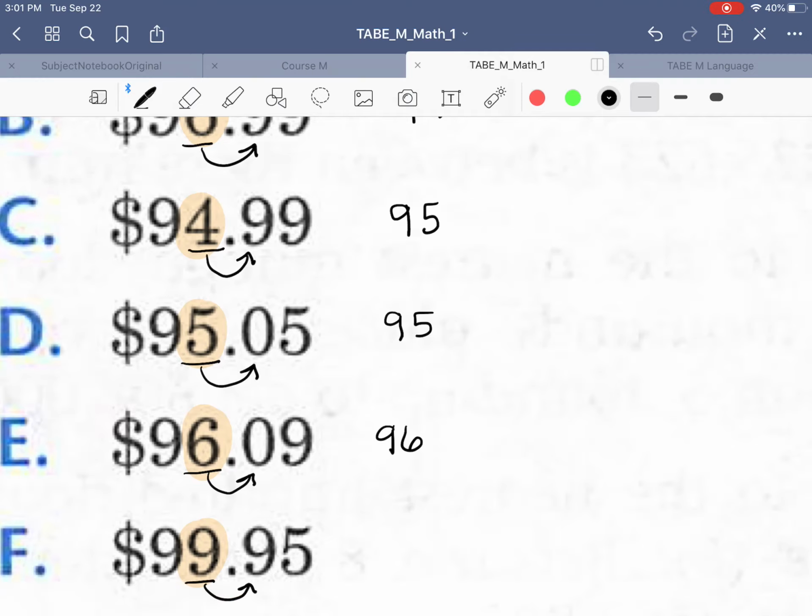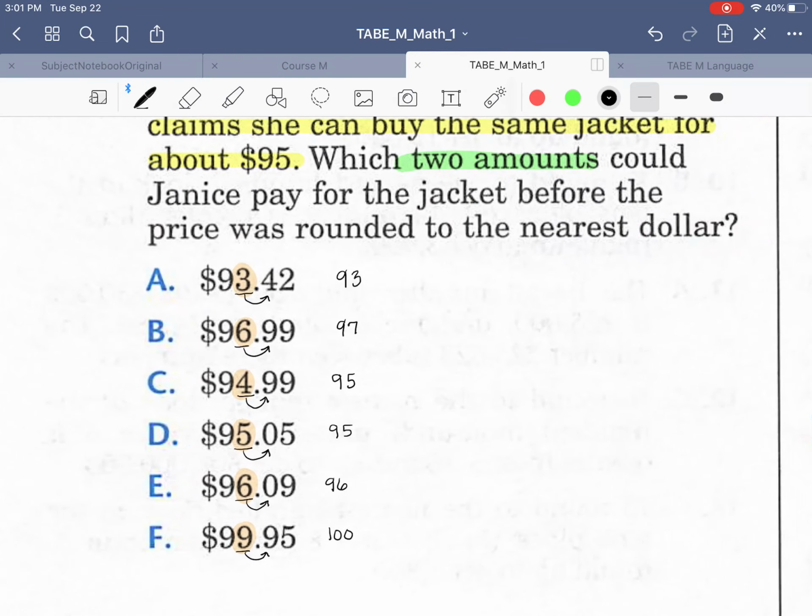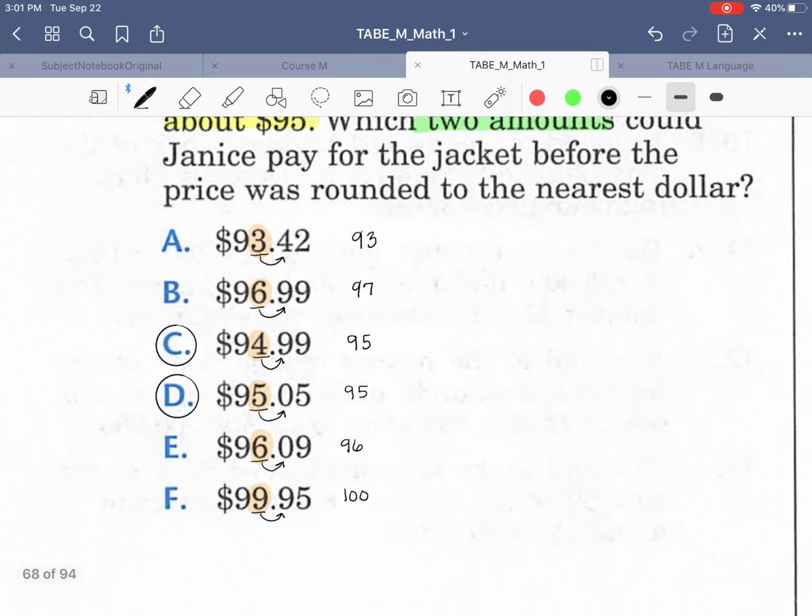Neighbor says round up. So which two of those match the $95 one? That would be C and D. So the answers for number 14 are both C and D. To get full credit, you have to tell me both of those, because both are true.